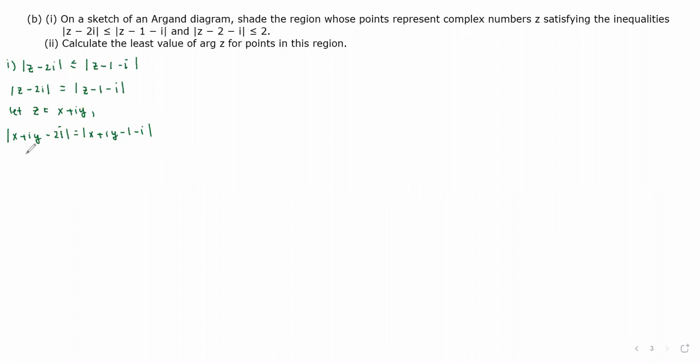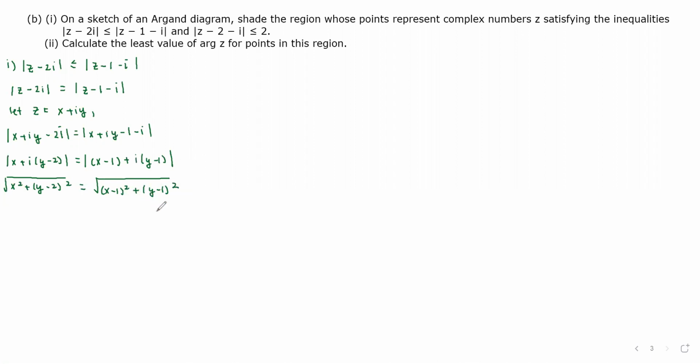You can group together the imaginary part. We have x plus i(y minus 2), and we have the modulus of x minus 1 plus i(y minus 1). The modulus of a complex number is the positive square root of the sum of squares of the real and the imaginary part. We have square root of (x minus 1) squared and (y minus 1) squared.